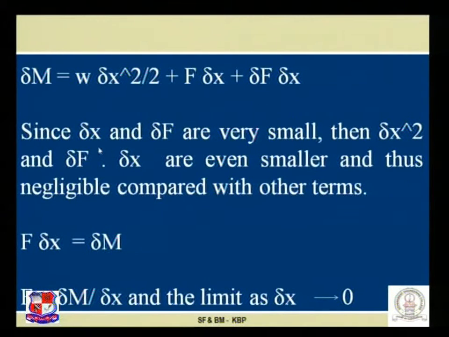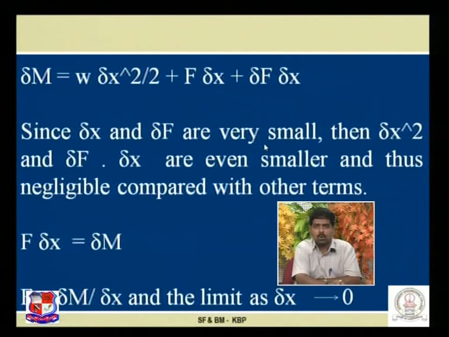Now delta x and delta F, as the prefix is delta, are very small. Hence we can neglect the term delta x square by 2. Also, the multiplication of the two terms delta F and delta x is even smaller.